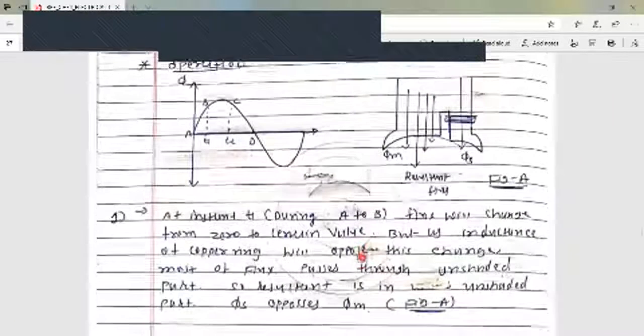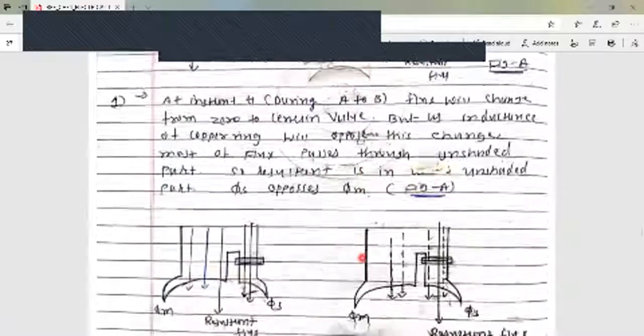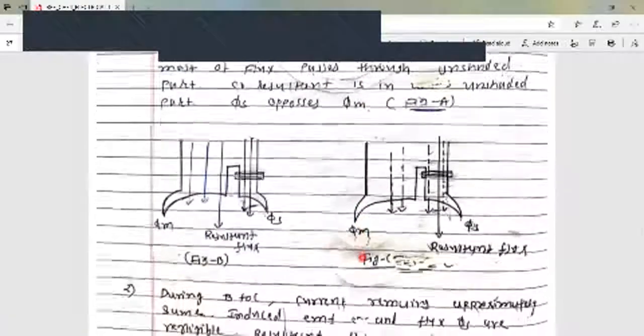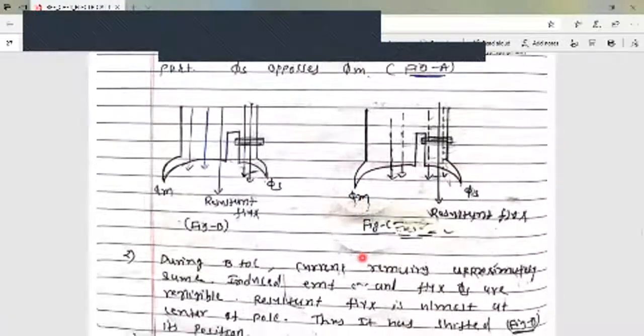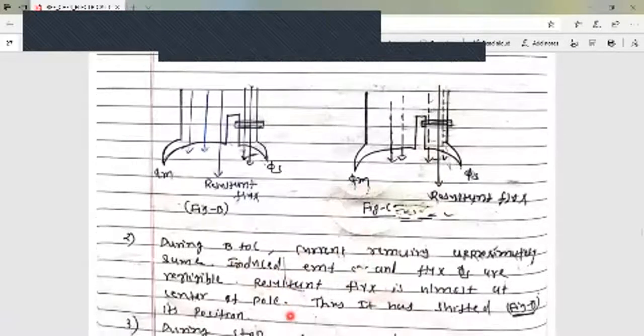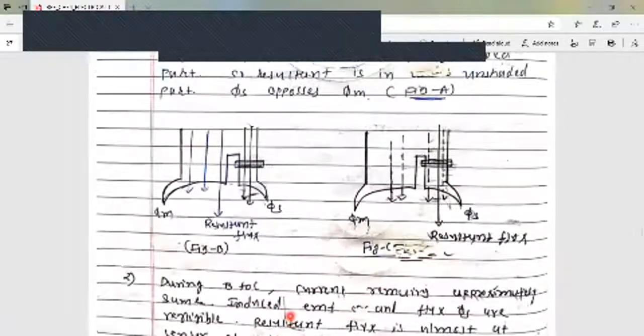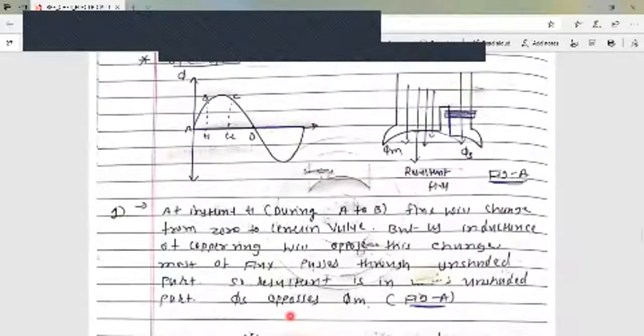Now we will see the second portion from B to C. So during B to C, current remains approximately the same. So induced EMF and flux phi s are negligible. So resultant flux is almost at center of pole. So it has shifted in figure B. See here, we will see in this figure.